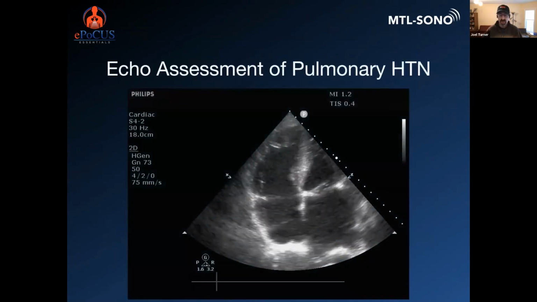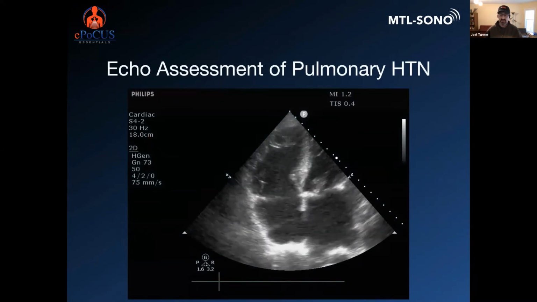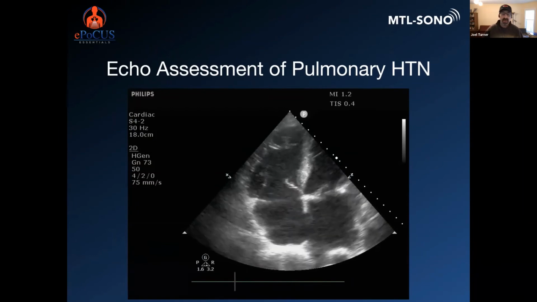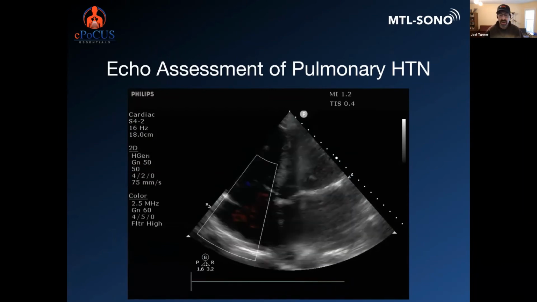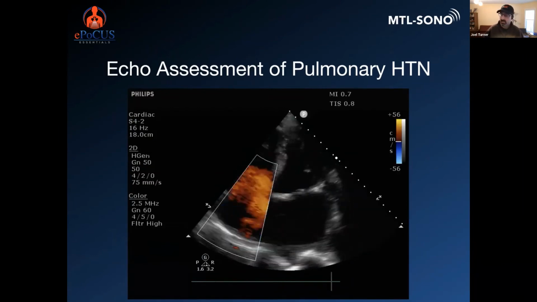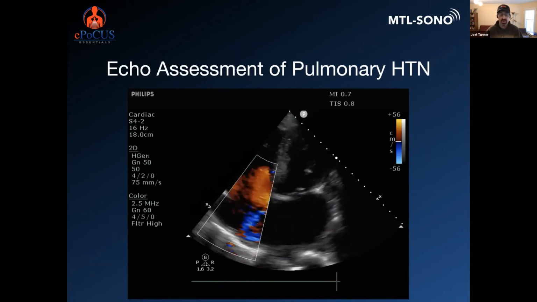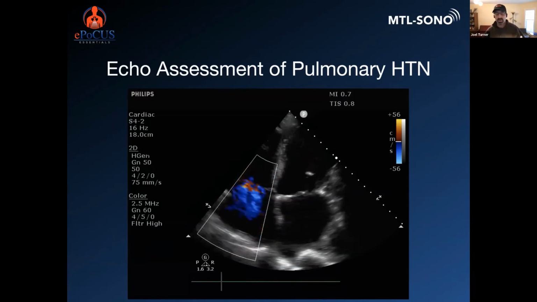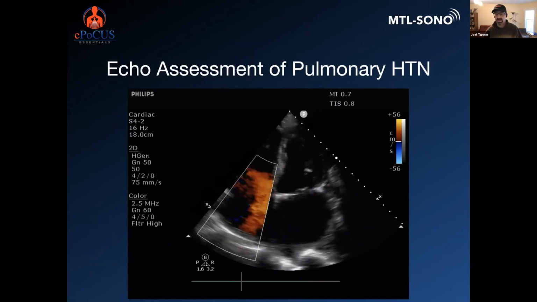So the first thing you have to do is obviously get a very, very good image of your apical four-chamber view. Once you get that, you want to have a color box right over your tricuspid regurg, okay? Now, why do I say it has to be over your tricuspid regurg? You have to remember, tricuspid regurg is an extremely common finding.